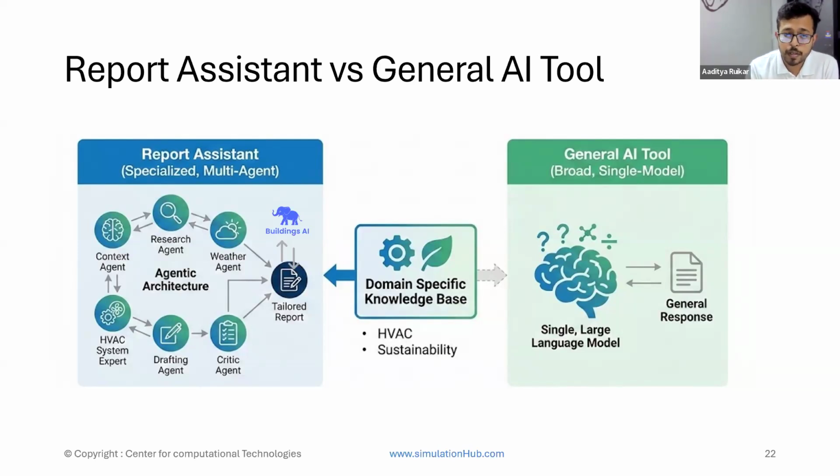Also, we have created a domain specific knowledge base, so it has knowledge of only the specific domains like HVAC, sustainability, and the AEC industry, so that it can work efficiently. Whereas if you go for a general AI tool, it has a knowledge base of the entire internet, so it might not be very efficient. It might have a very small context window.